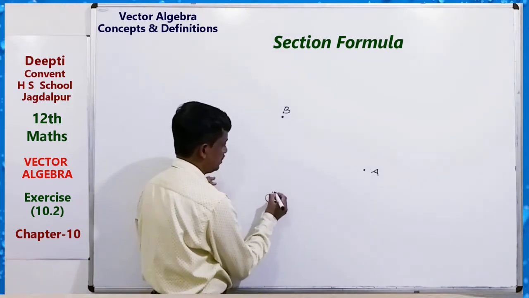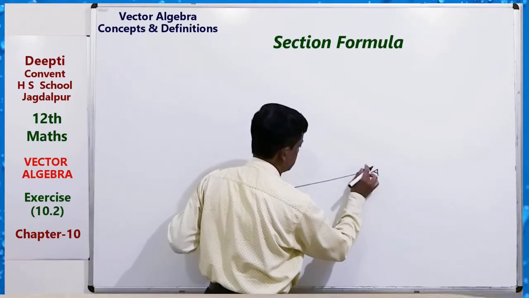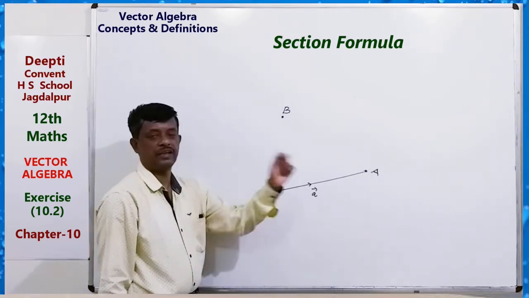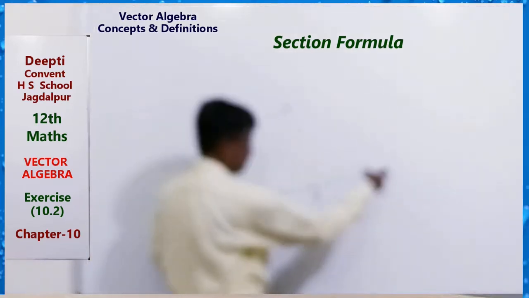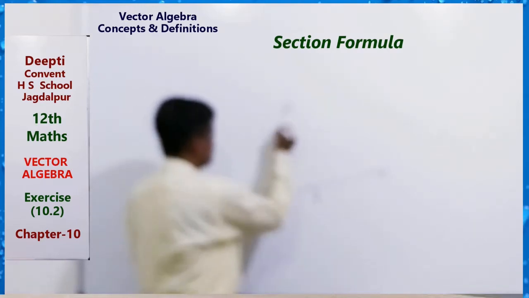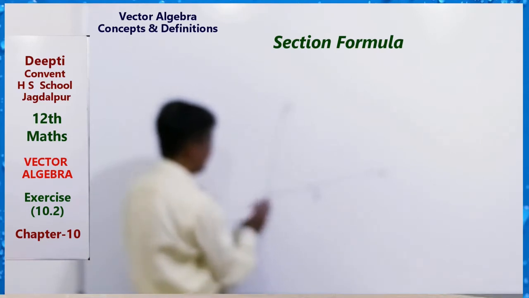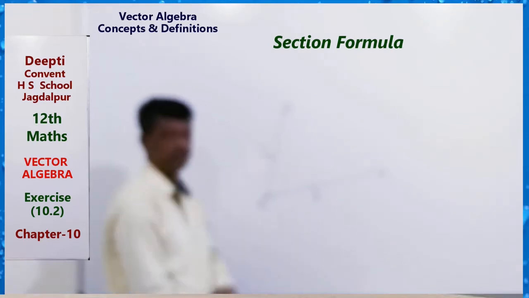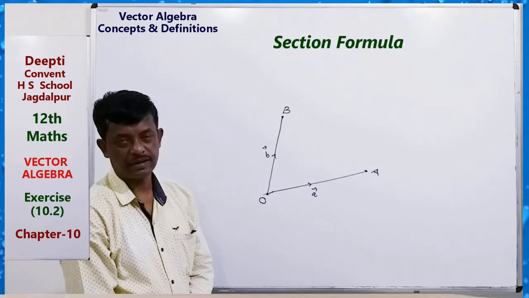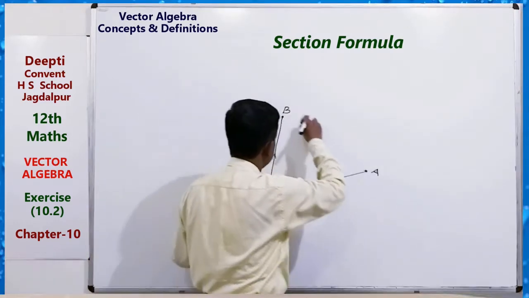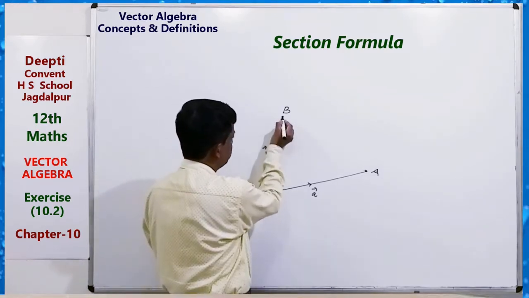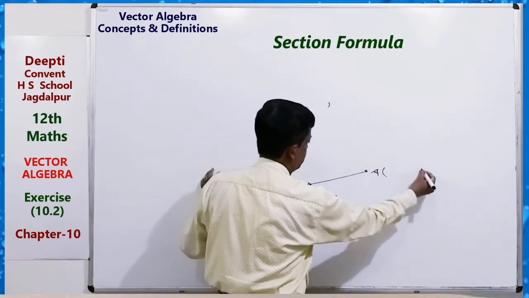Suppose this is the origin, then this is the position vector A, and similarly this is the position vector B. You have two vectors. Clear? Now, joining these two points. This is a point, and this is also a point.